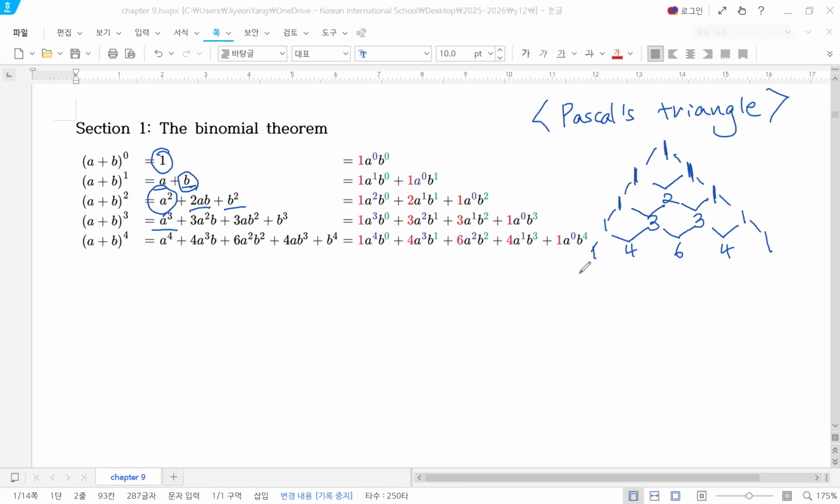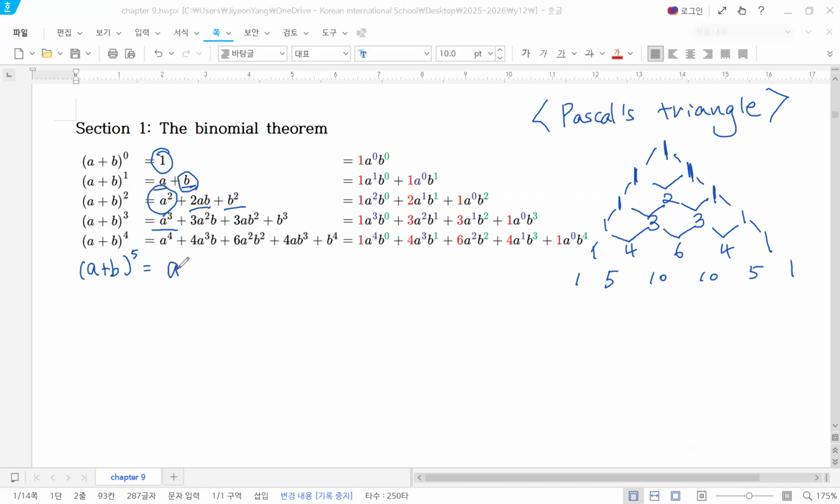Please tell me: 1, 5, 10, 10, 5, and 1. So by using this, let's write down (a + b) to the power of 5.